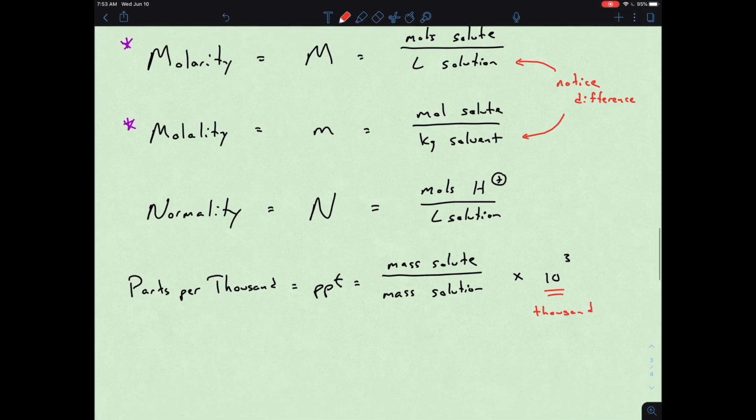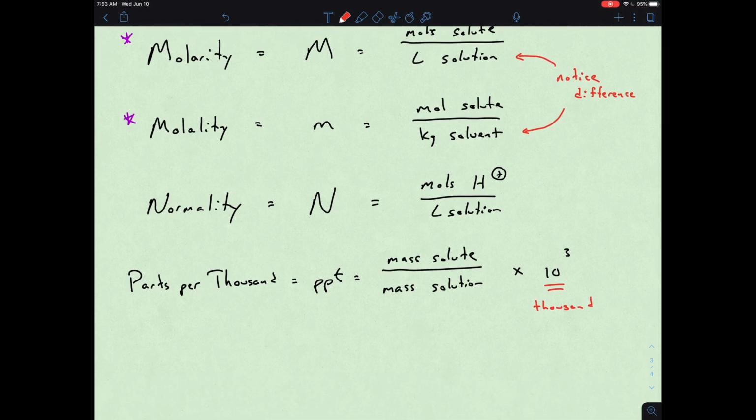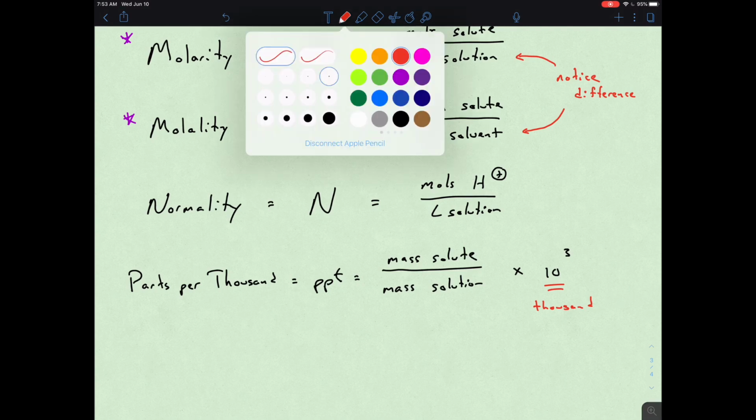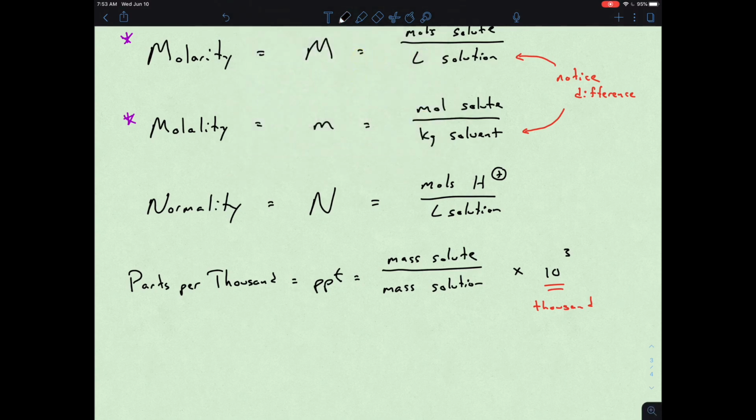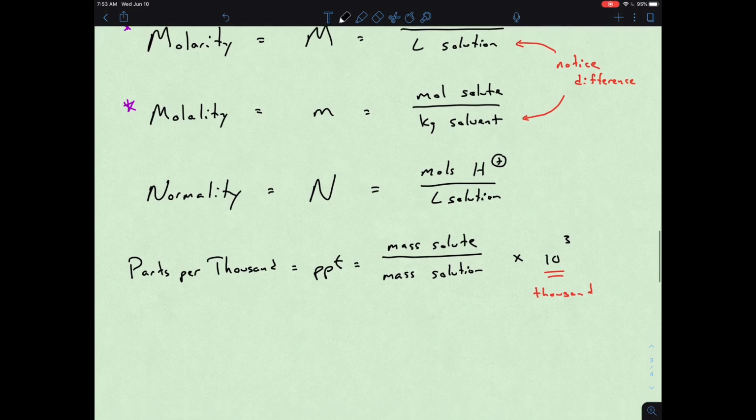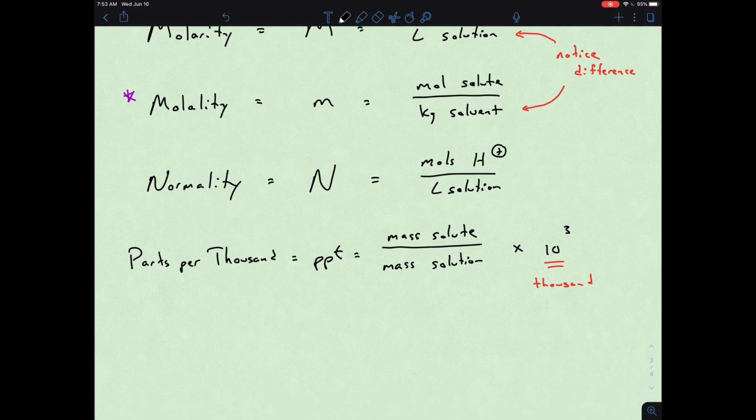So these are for really, really dilute solutions, solutions that we'd be looking at, like pollution in rivers and oceans, where we have hazardous materials, but they're in extremely small quantities due to the fact that our solvent or our solution is so large.